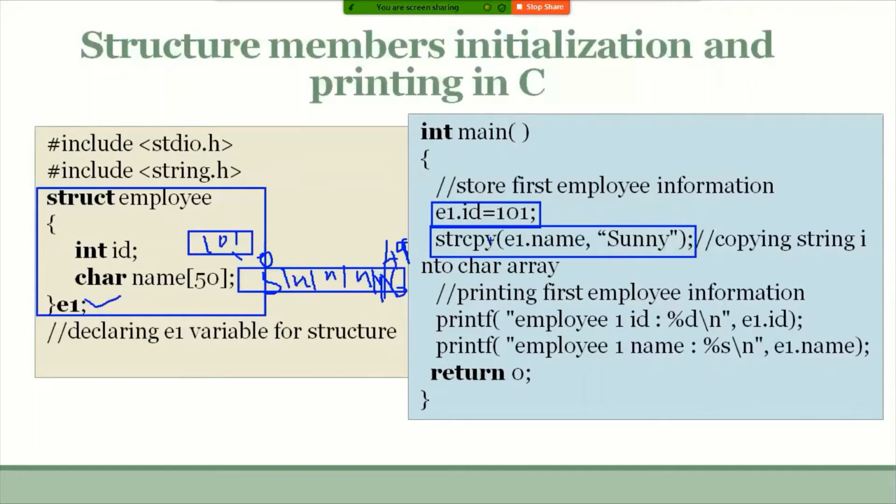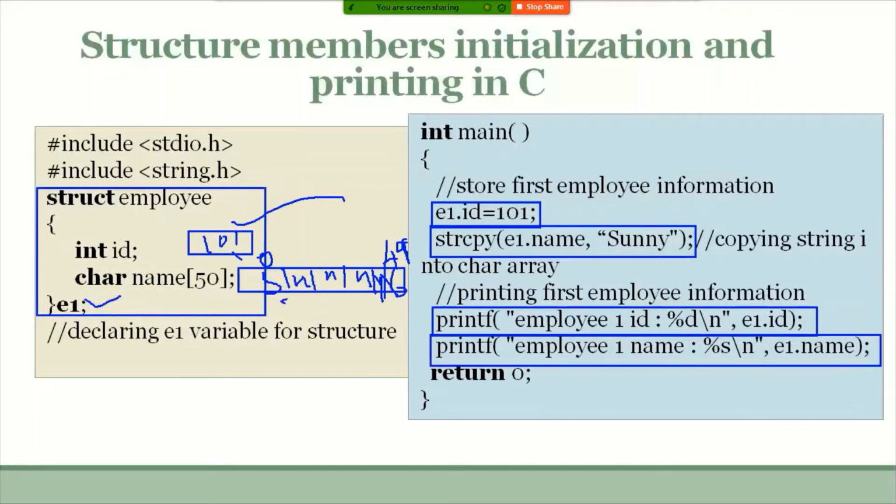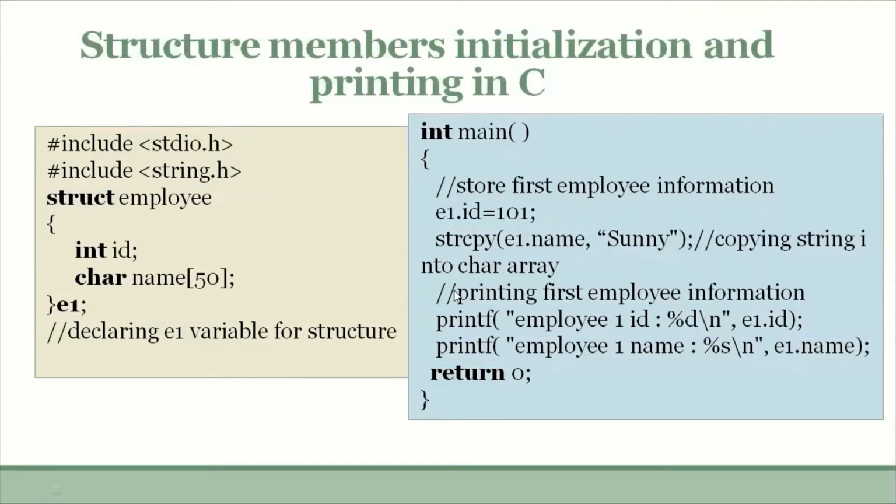After keeping all these elements in the corresponding locations, you can access them from memory and display them with the help of the printf statement. That is, employee ID is e1.id. What is e1.id? 101 will be displayed. And printf employee1 name is e1.name. What is name? The name will be displayed. That is about initializing as well as displaying the corresponding elements of that structure E1.